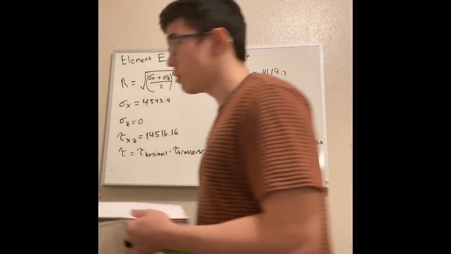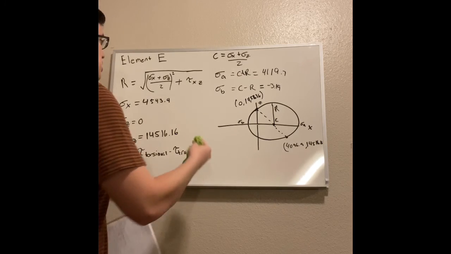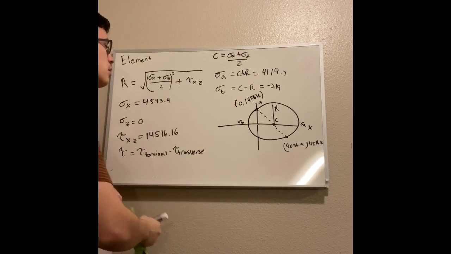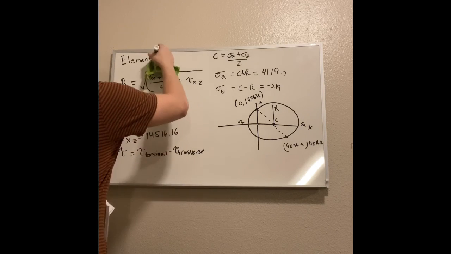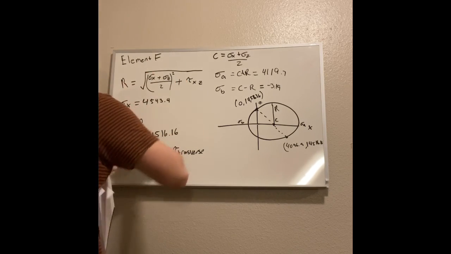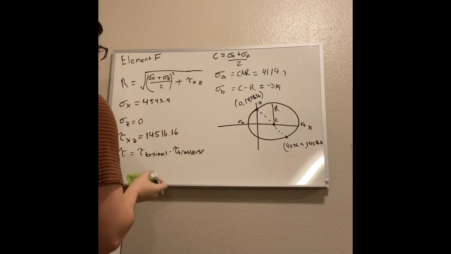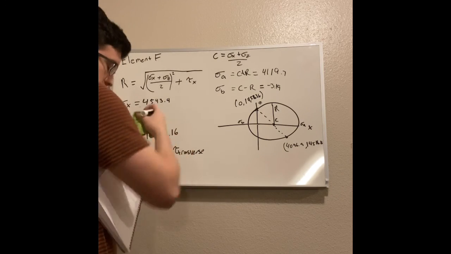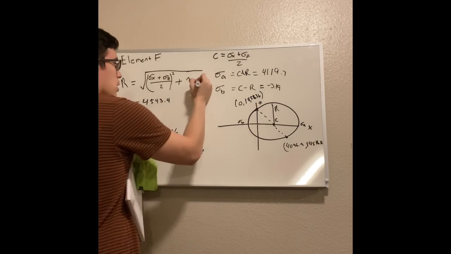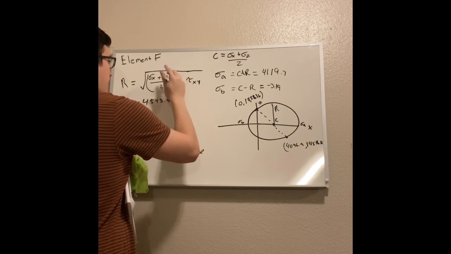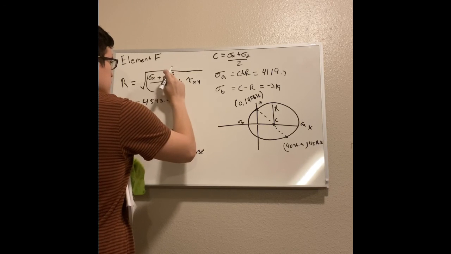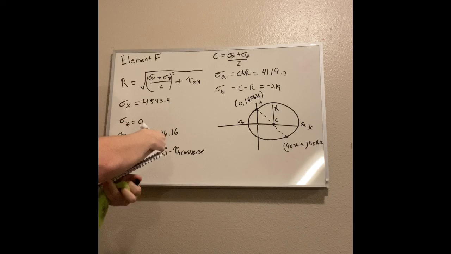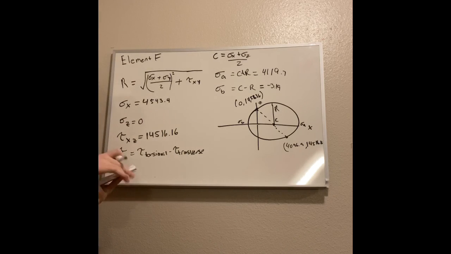And so now I'm going to do element F, which is really just the same thing but with different numbers. It will be in a different plane as well, so this would change from the XZ plane to the XY. The numbers will be slightly different.